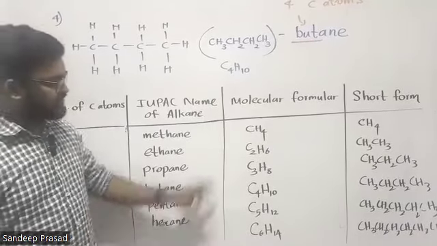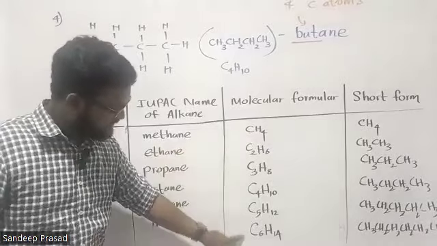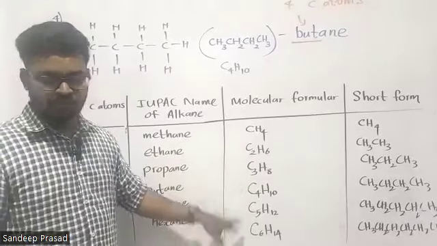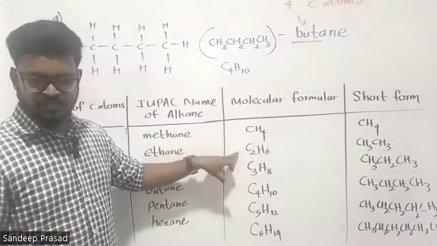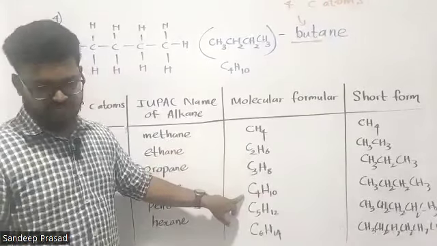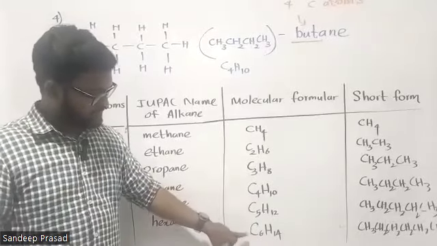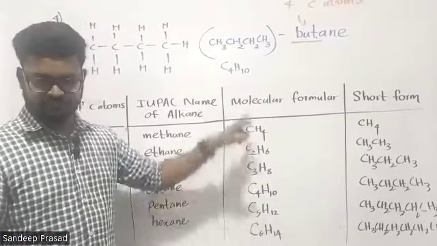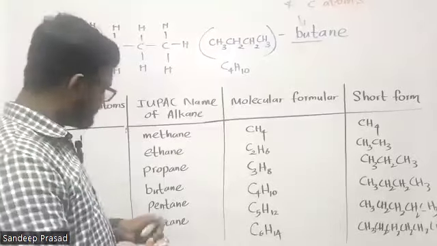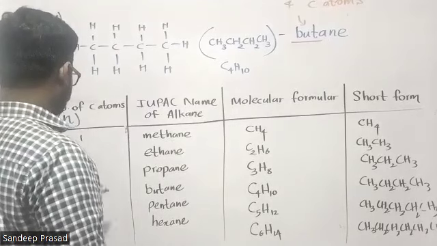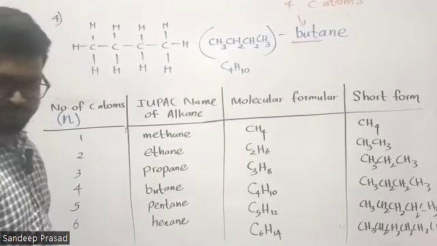Okay. Students, did you understand a pattern in the molecular formula? There is a pattern. Did you observe that one? CH4, C2H6, C3H8, C4H10, C5H12, C6H14. With these numbers, actually, there is a pattern, right? Just imagine the number of carbon atoms is n, where n equals 1, 2, 3, 4, 5, 6.